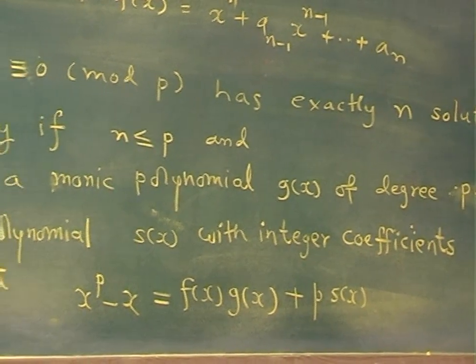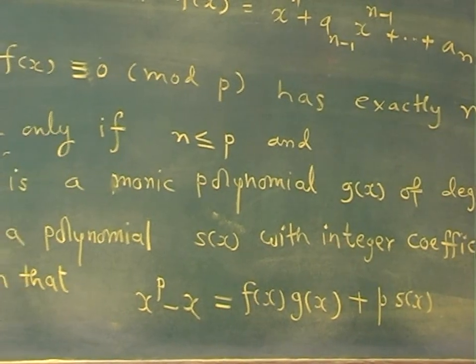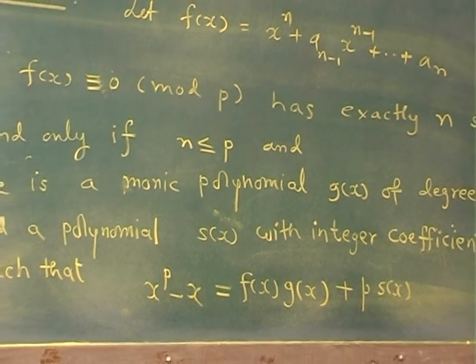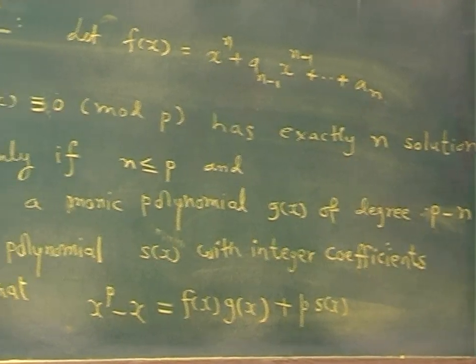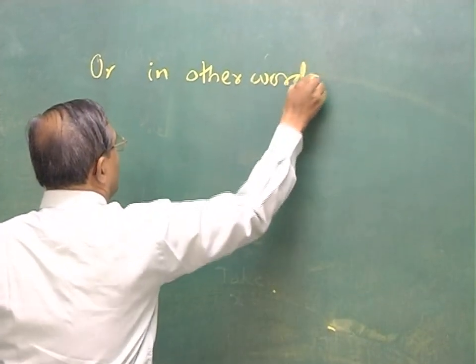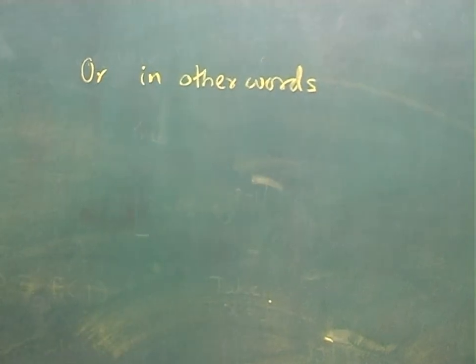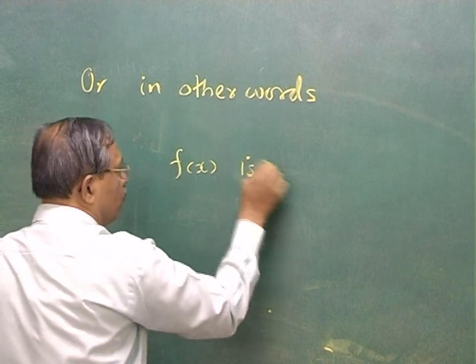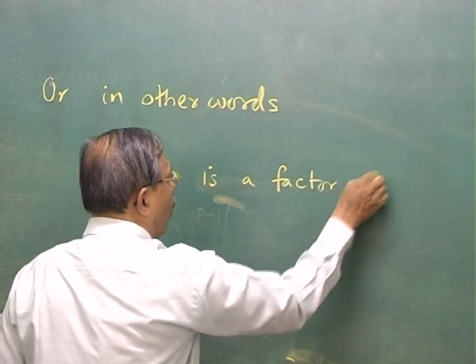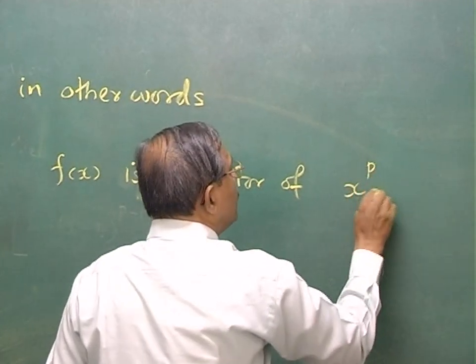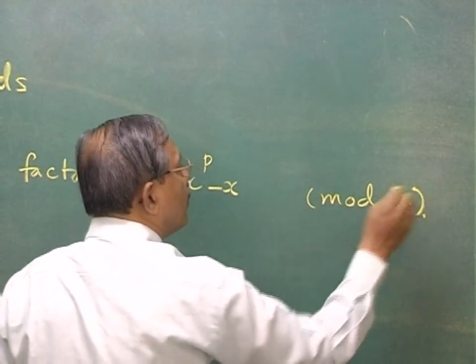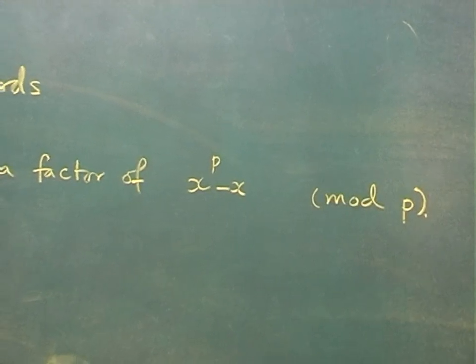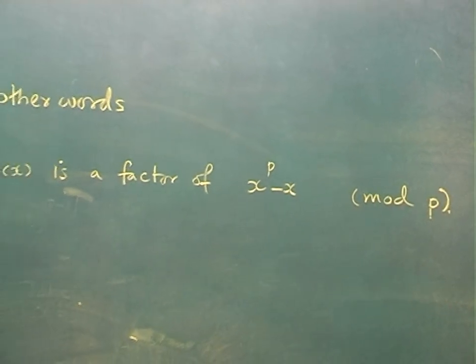And we describe this by saying that, in other words, f(x) is a factor of x raised to p minus x mod p.